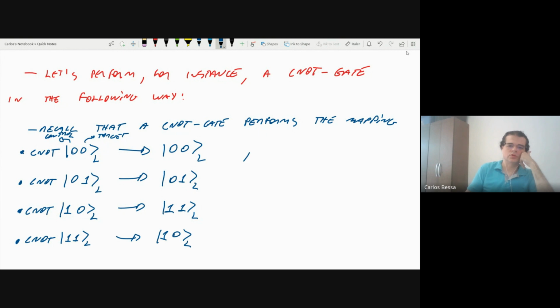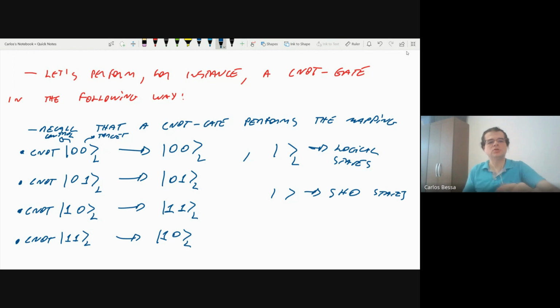Just to not be confused, this thing here is the logical states. And this here is the simple harmonic oscillator states.